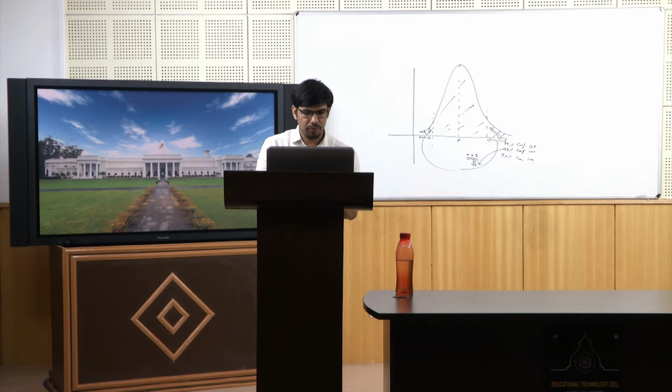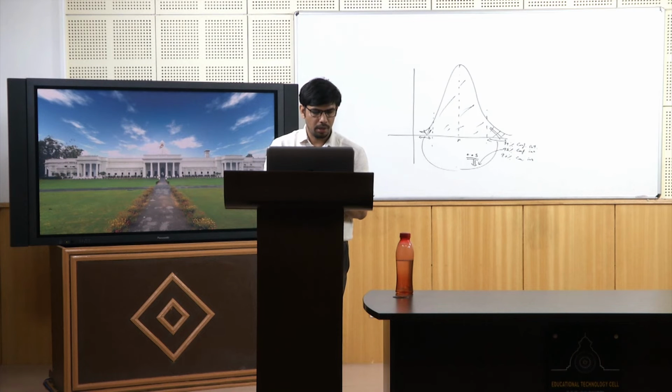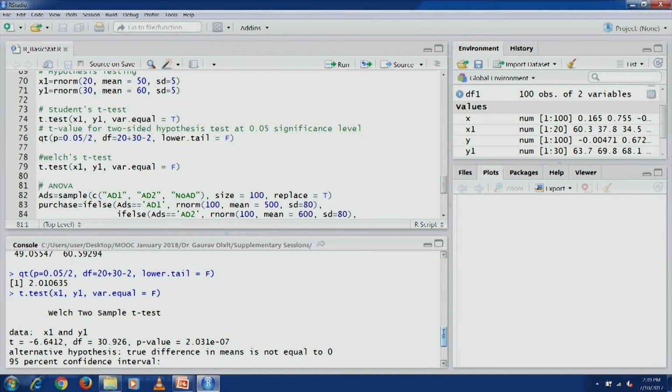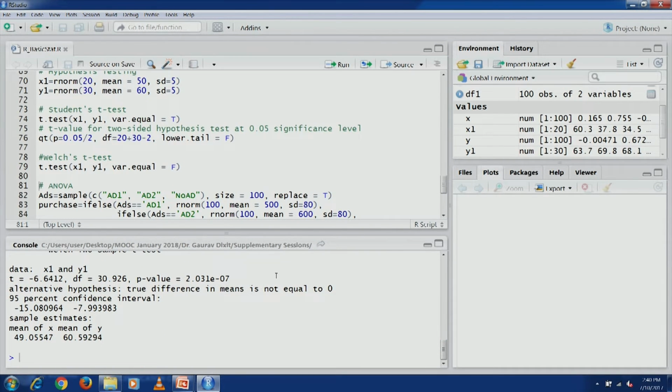Now, the means of these two sample estimates, the mean of x and the mean of y, are also given. If we go back to the earlier computation that we performed about that t value, corresponding to the 0.05 significance level and the degrees of freedom, we can do that computation again, and we will find that the observed t value is less than the corresponding t value for the 0.05 significance level and given degrees of freedom.